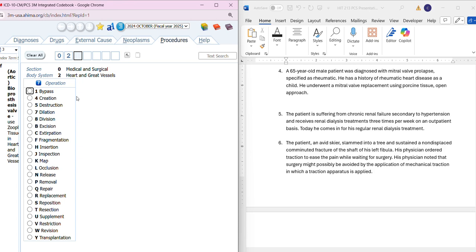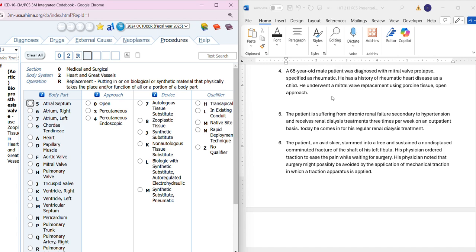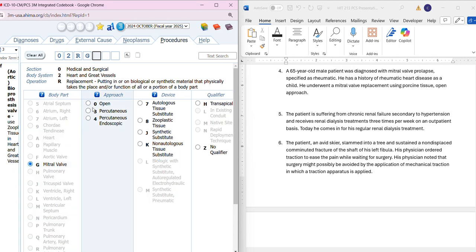And for the root operation, it's going to be R, replacement, because it says it right there in the documentation, mitral valve replacement. And for body part, we're going to go down until we find mitral valve, which is G. Approach, open approach, says it right there in the documentation.